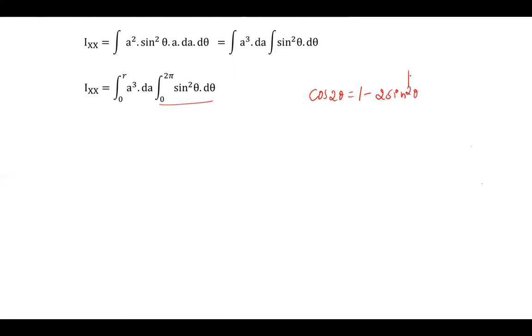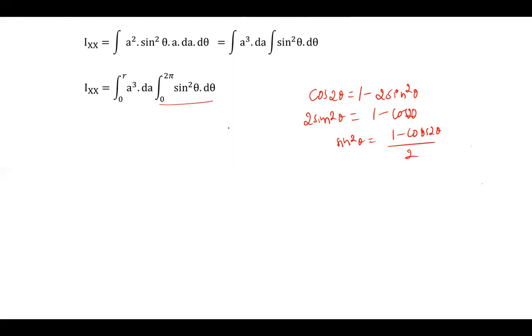So you send the 2 sine squared theta this side and the cos 2 theta the other side. It will become 2 sine square theta is equal to 1 minus cos 2 theta, and therefore sine square theta will be equal to 1 minus cos 2 theta divided by 2.